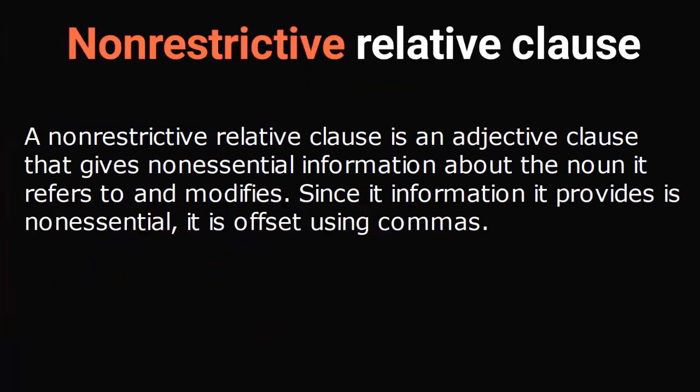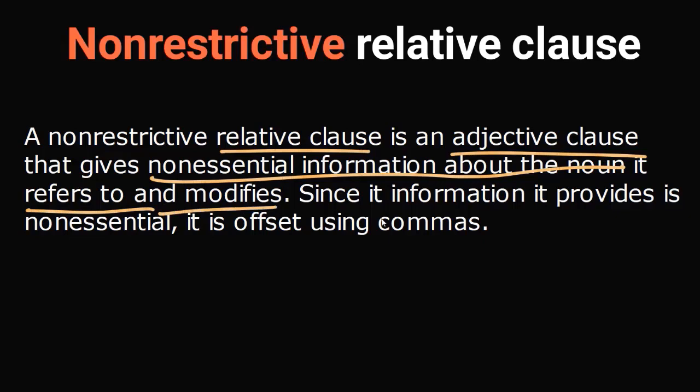All right. Now, non-restrictive relative clause. What is a non-restrictive relative clause? Very simple. It is a relative clause, which is basically an adjective clause, right? Which gives non-essential information about the noun it refers to and modifies. And since the information it provides is non-essential, is extra, it is offset, it is separated using commas.